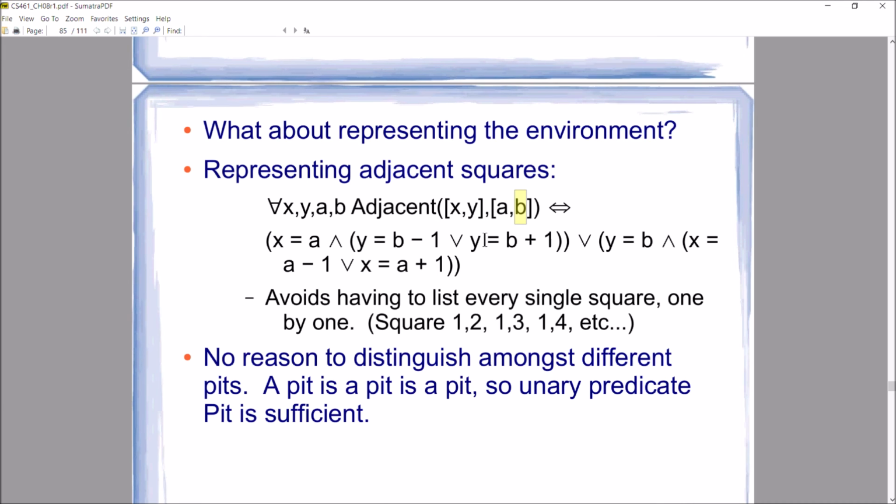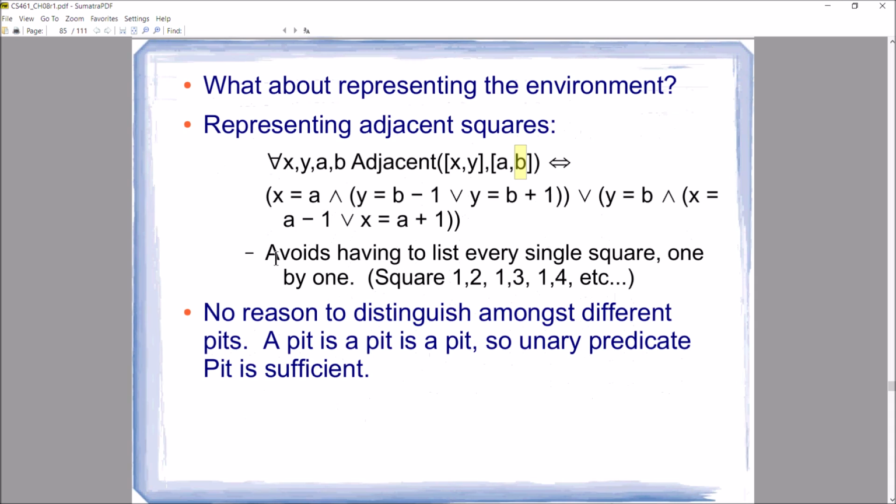Again, that keeps you from having to say that square 1 and 2 and square 1 and 3 are adjacent, square 1 and 3, square 1 and 4 are adjacent. You don't have to repeat that over and over, because you can use universal quantification and function notation in first order logic, along with the notation we brought in from propositional logic, to succinctly state what it means for squares to be adjacent.